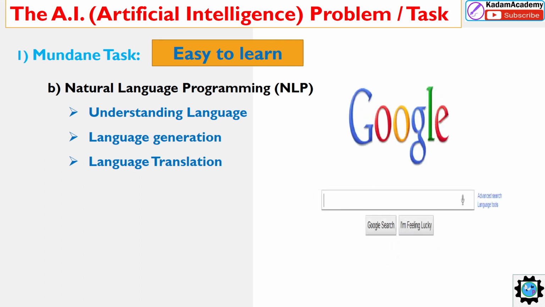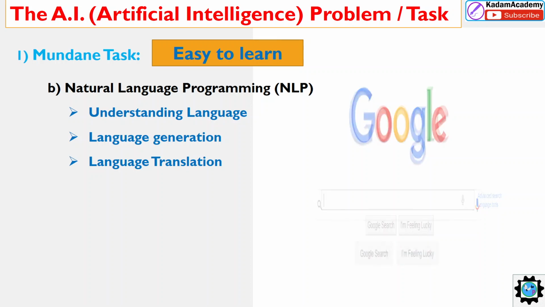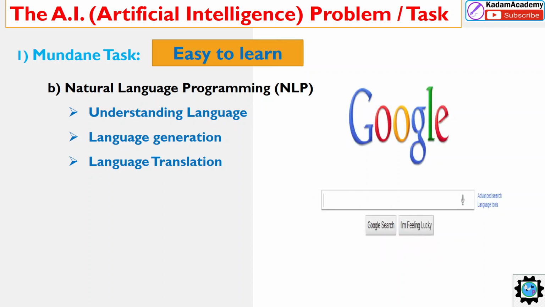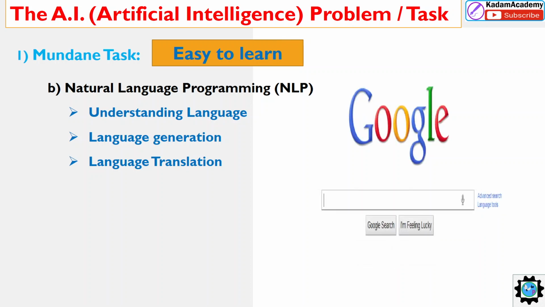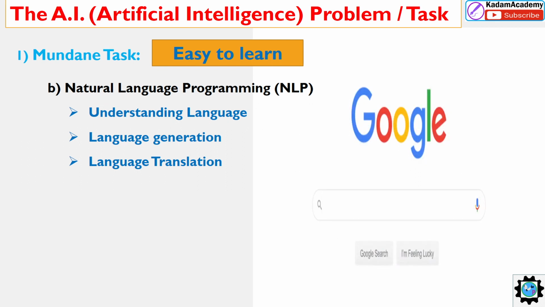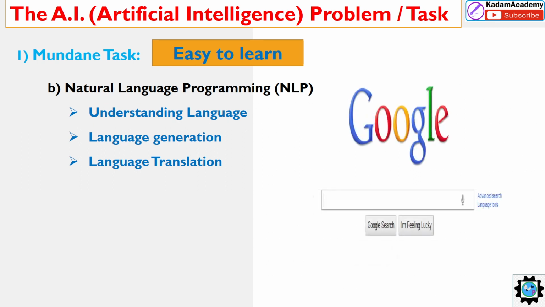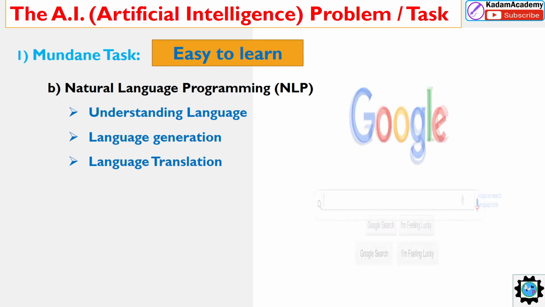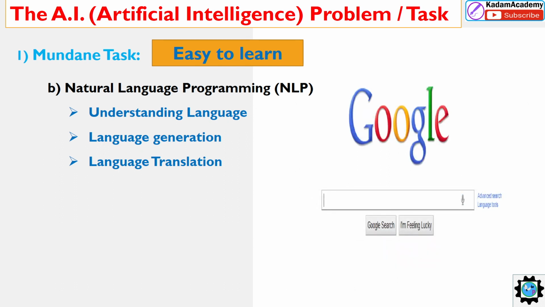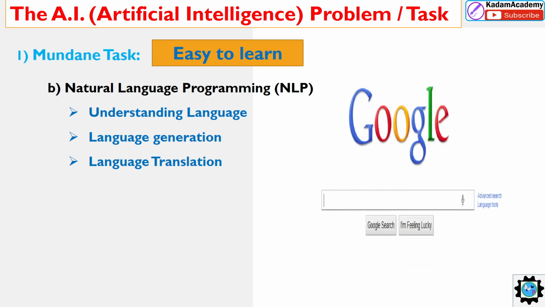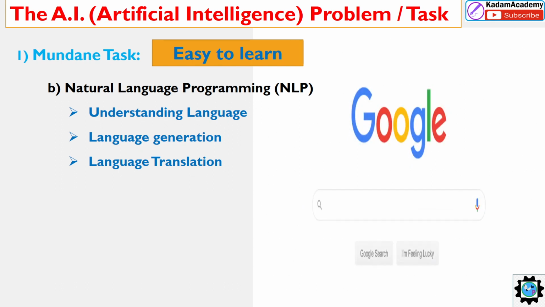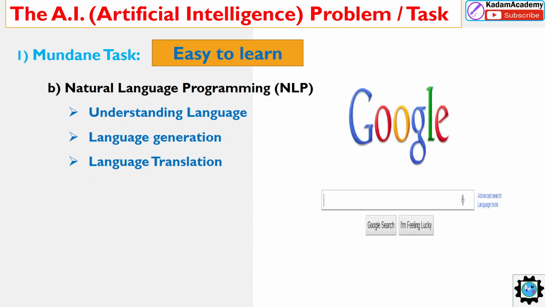Humans communicate mostly with text and speech. Thus, NLP systems accept inputs in the form of speech and text. Various use cases of NLP: translation applications, fake news detection, email classification, predicting disease, error detection, IVR applications, sentiment analysis, personal voice assistants. These are a few use cases of NLP.